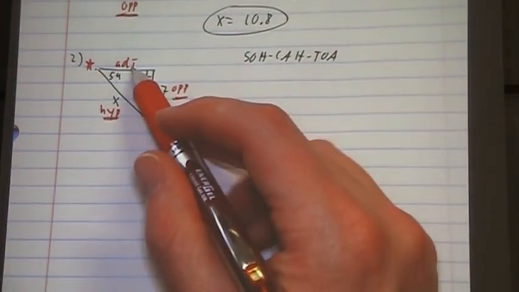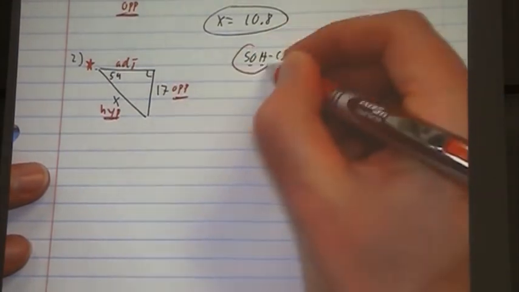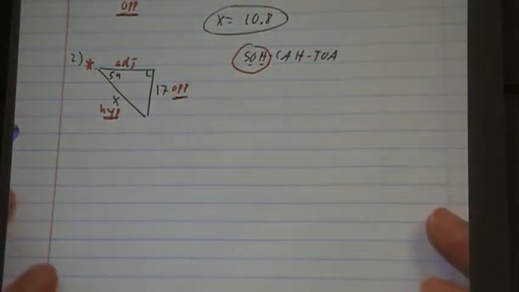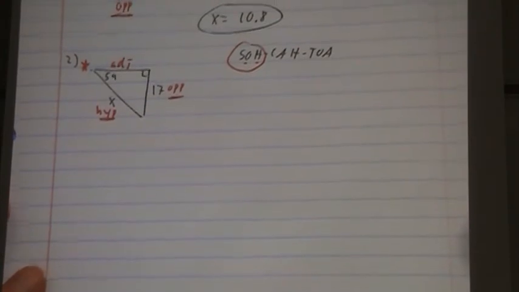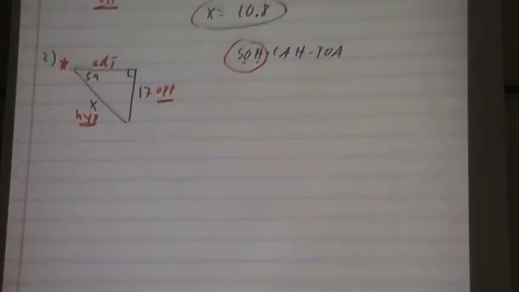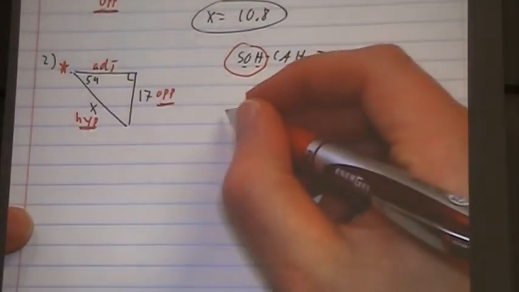We don't have any information or care about adjacent. So opposite and hypotenuse is SOH. We are using sine. Let's set it up. Sine 54 equals opposite over hypotenuse, 17 over x.